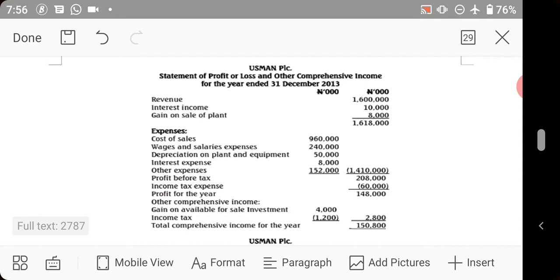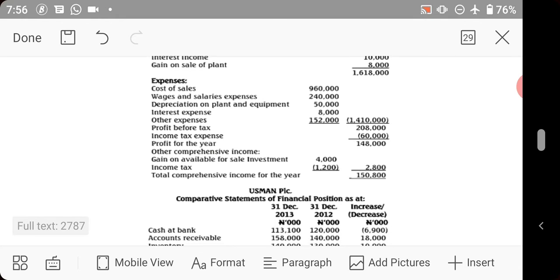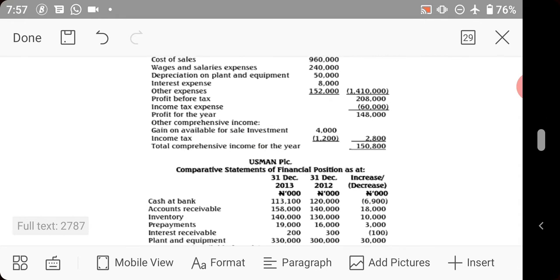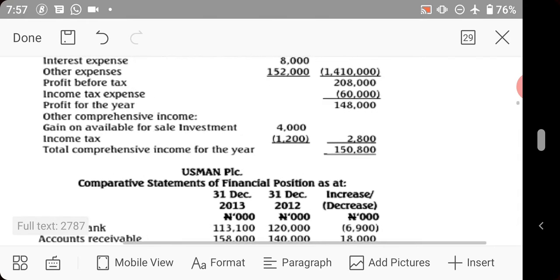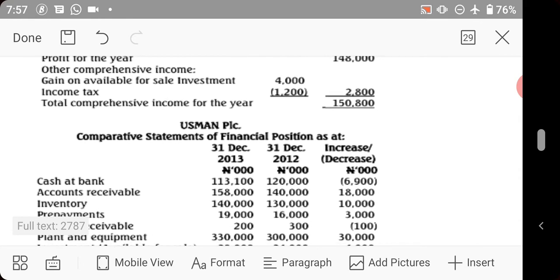And I have expenses: cost of sales, wages and salaries expenses, depreciation on plant and equipment, interest expenses, other expenses. So we now add all the expenses. Let's now have profit before tax. We now have income tax. We now have profit for the year. We now have other comprehensive income. So we have gain on available for sale investment, income tax, and we have total comprehensive income for the year.